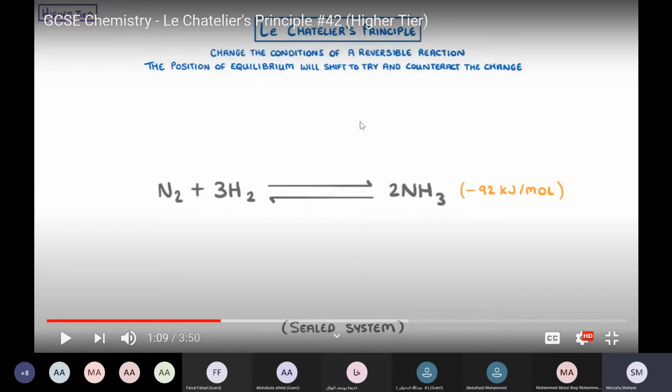That's why we have to conduct the chemical reaction in a closed system, because we are studying equilibrium. The minus 92 kilojoules per mole is the overall energy change of the forward reaction.